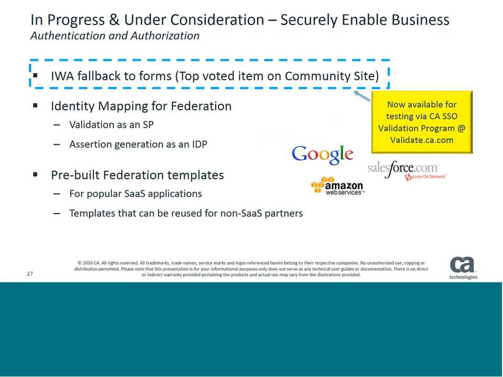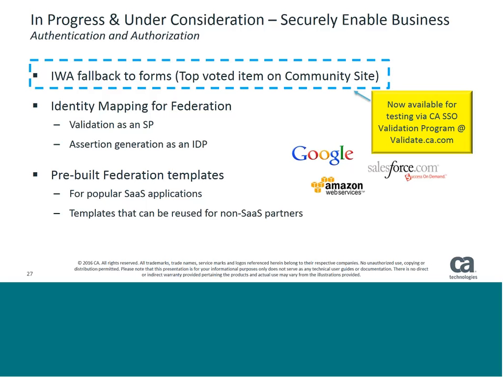So IWA fallback to forms is one of the top voted items on the community side, and one of the examples of how we productized a feature that was requested there, which was a very important use case for several of our customers. Windows Authentication Scheme works great when users are on the intranet, but in a lot of scenarios IWA cannot be enforced, so administrators had to define another policy to define a form-based authentication.